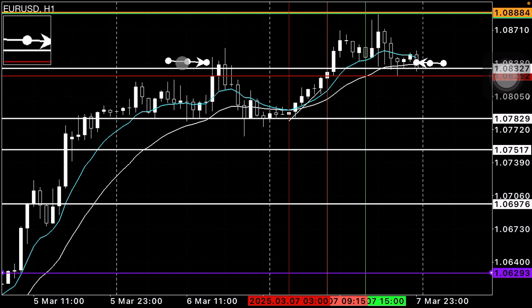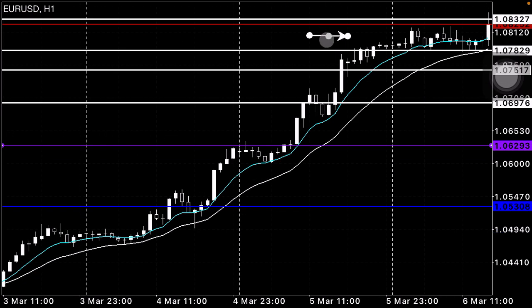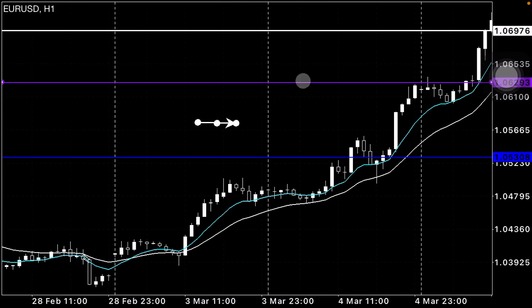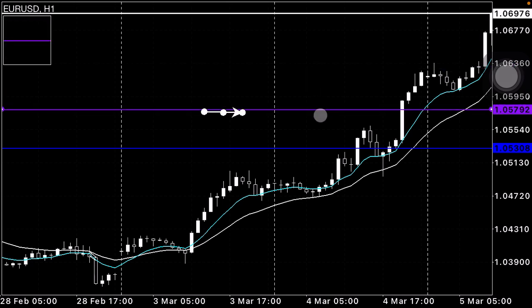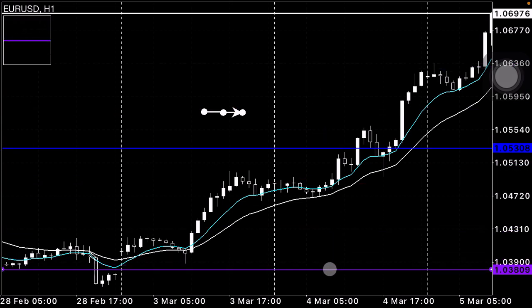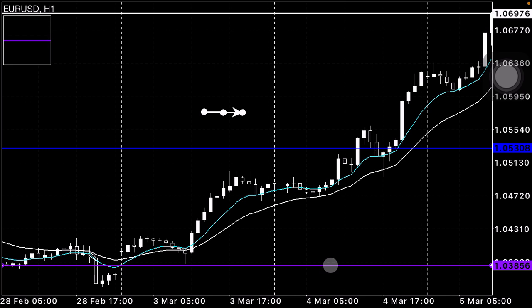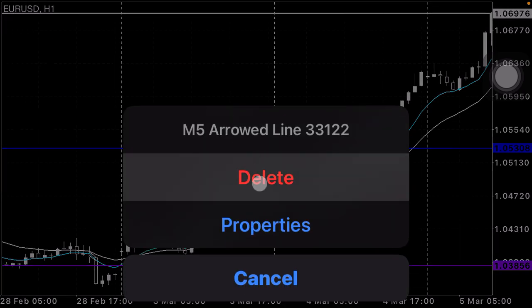In between this dotted line and this dotted line is Thursday. This is Wednesday here. This is Tuesday, and this is Monday. So this day is the actual bottom for the week. There. Now, that's the end of the video.